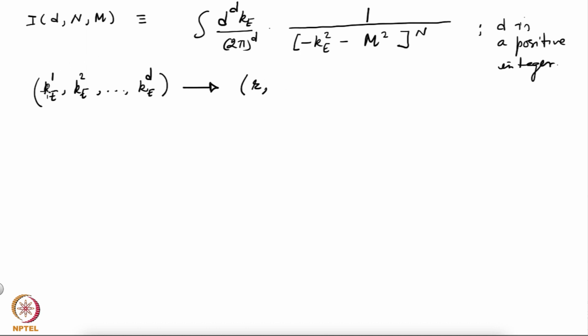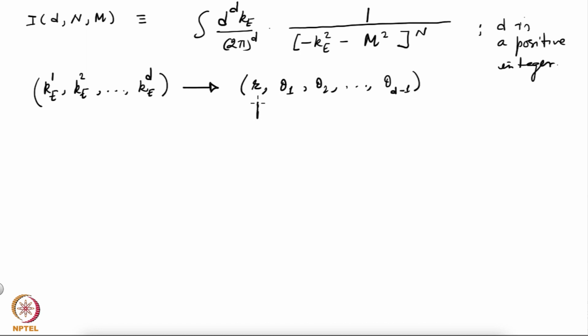Because we have total d variables here. I should have exactly d variables on the right hand side after the transformation. I have chosen one to be r, then the others have to be d minus 1. So these are the angular variables that we should get.